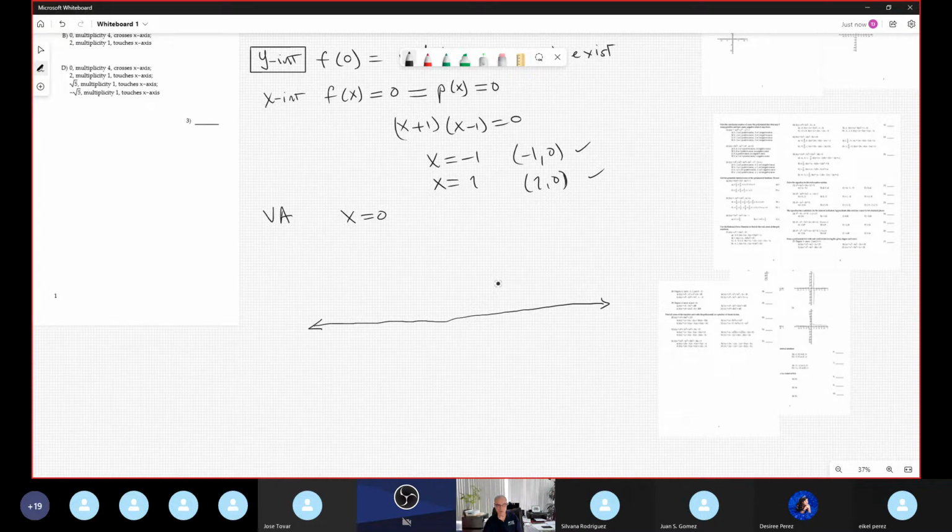This is my famous real number line, positive infinity, negative infinity, but at 0 we have a vertical asymptote, and the curve never touches. However, we have a negative 1, 0 x-intercept here, and 1, 0, we have another intercept.